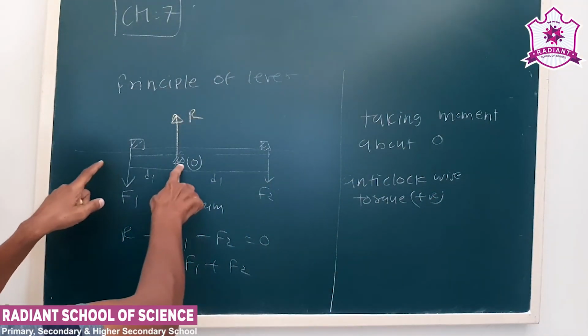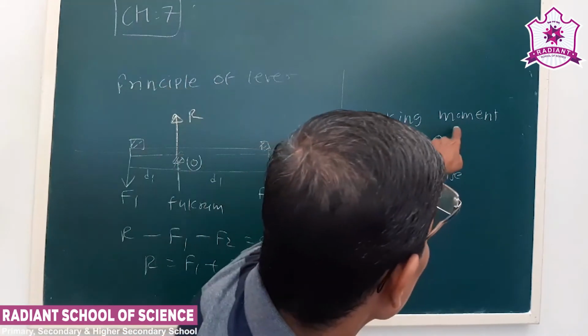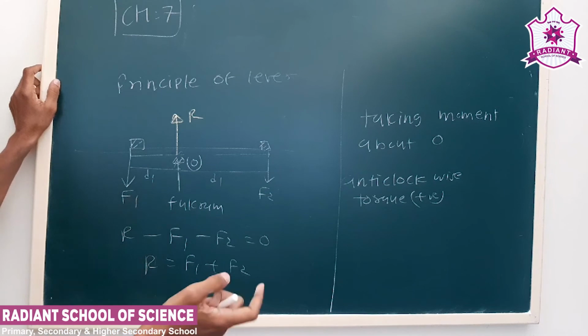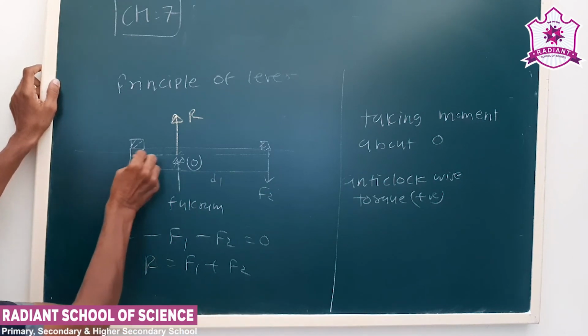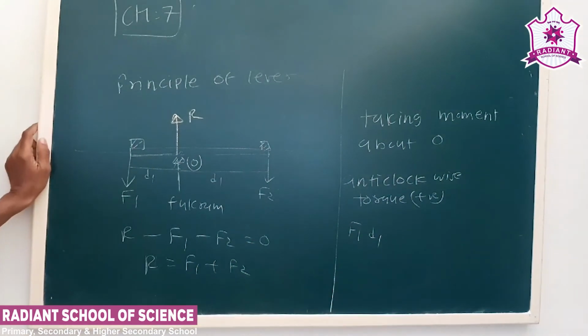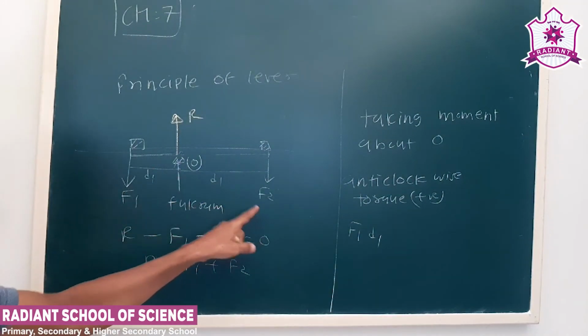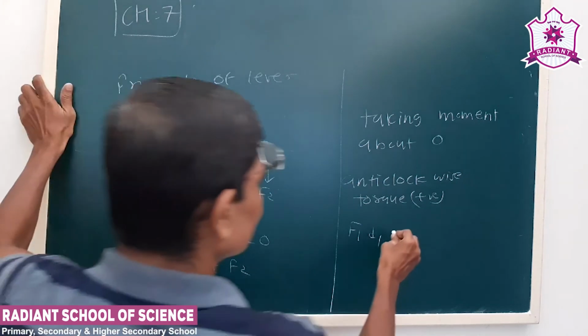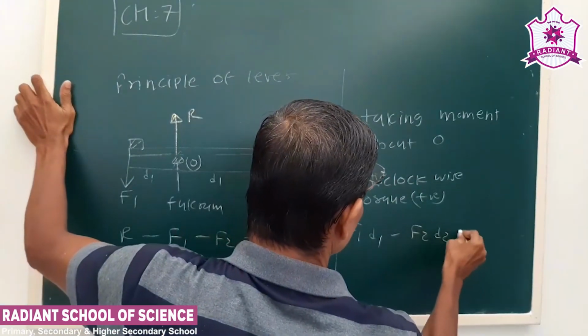So here, if I calculate torque about point O, this will be F1. Torque is force into perpendicular distance, that is F1 d1, which we have considered positive. And this F2 will try to move this in the other direction, so that torque I consider negative, that is F2 d2.